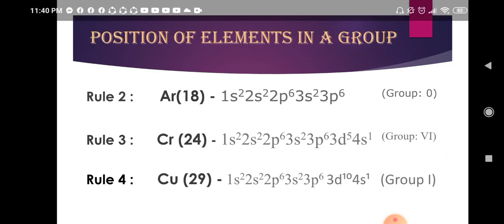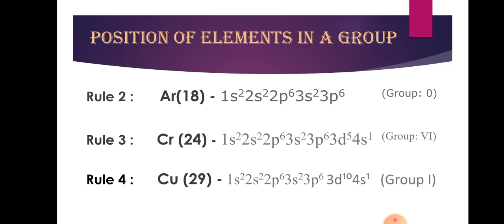Now, rule 2: if outermost s and p orbital contain 8 electrons, then the element is grouped in 0 group, that is, the element is an inert gas. For example, argon.